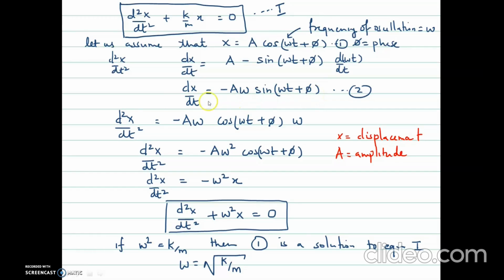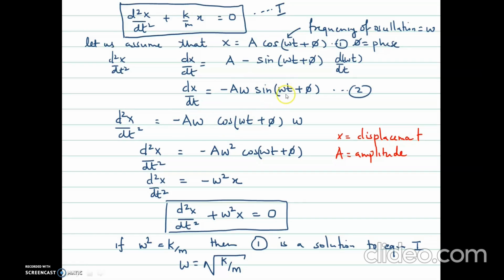Okay. Similarly, now you can take a second derivative of this term, and if you do that, you will get d square x by dt square on the left hand side, which is the term we want here, and on the right hand side you will get minus A omega, both are constants, so it will be as it is. And then you have to take the derivative of this sine function.